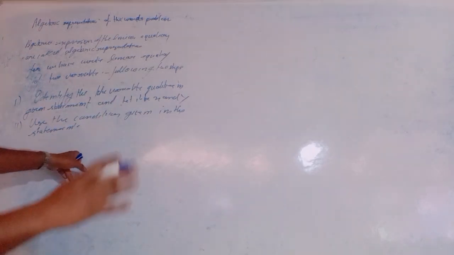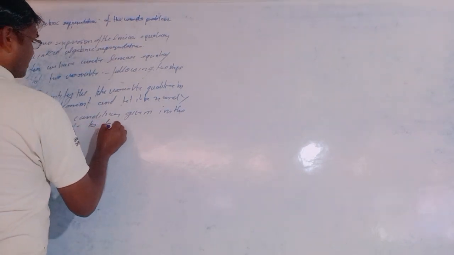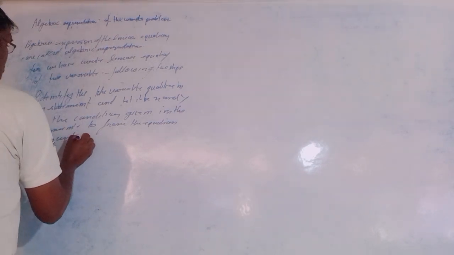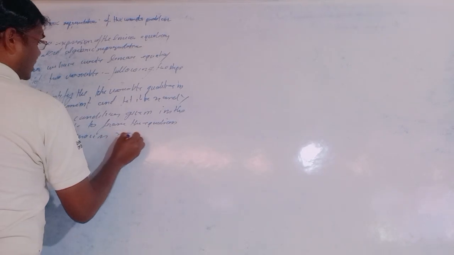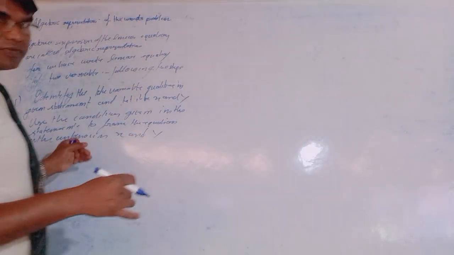The conditions are already given in the statement, so we will use the given statement or problem to frame the equations in the unknowns x and y. First of all, we will take an example, and on the basis of the example we will try to solve it here.